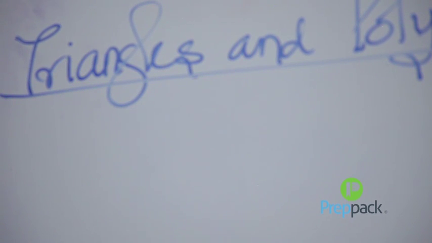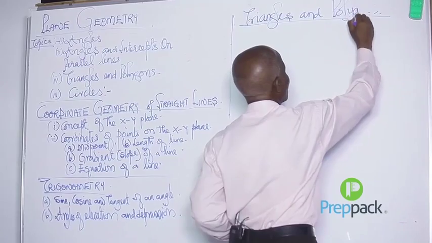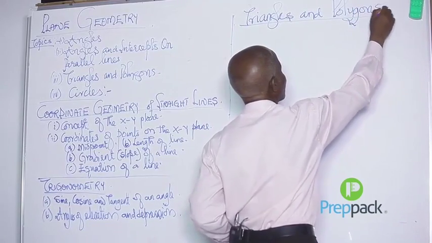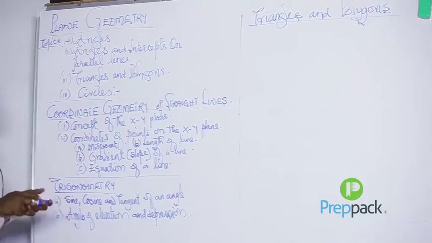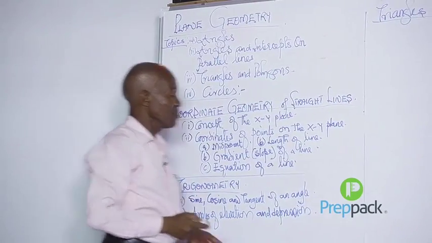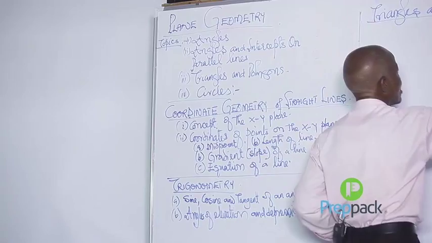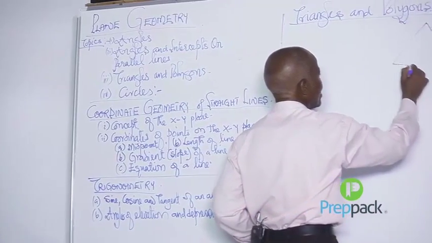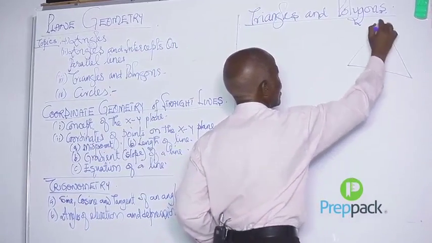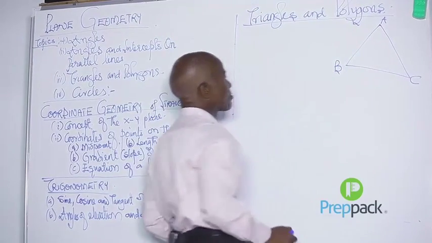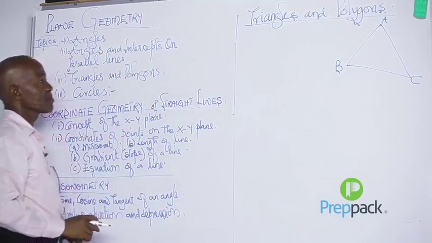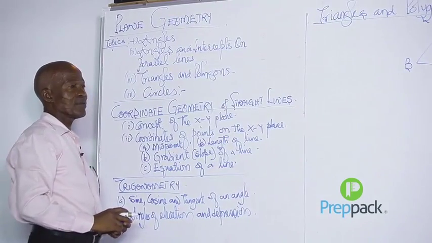So, polygons, P-O-L-Y-G-O-N-S, polygonal figures. So triangles, we have triangles like this: a 3-sided figure, A, B, C. Okay, that is a triangle.